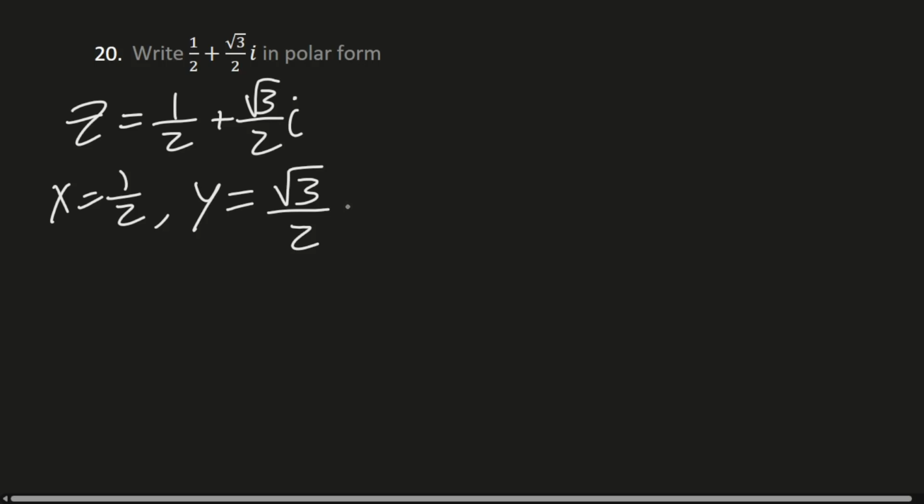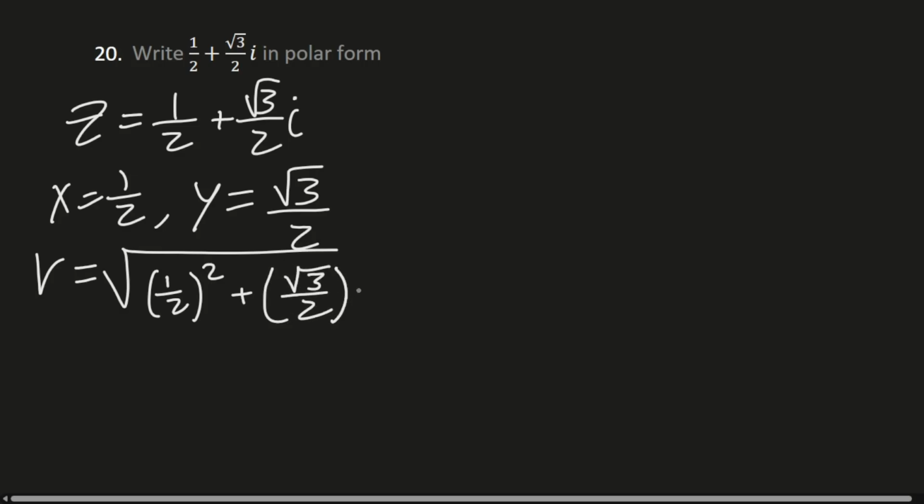And so r is equal to the square root of 1 over 2 to the power of 2 plus square root of 3 over 2 to the power of 2.